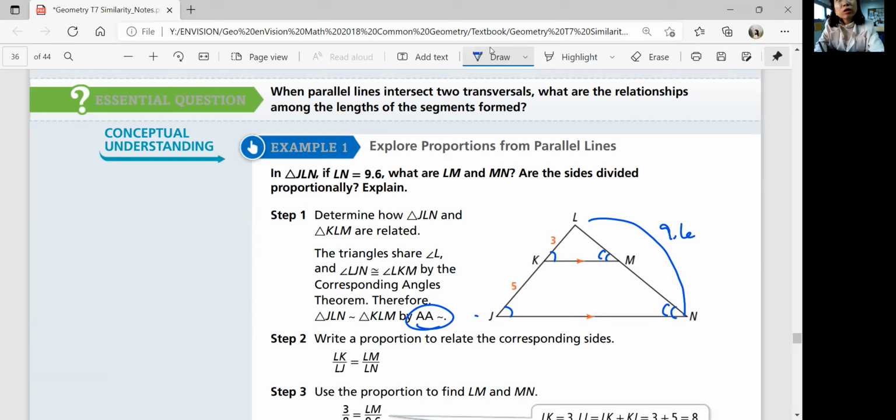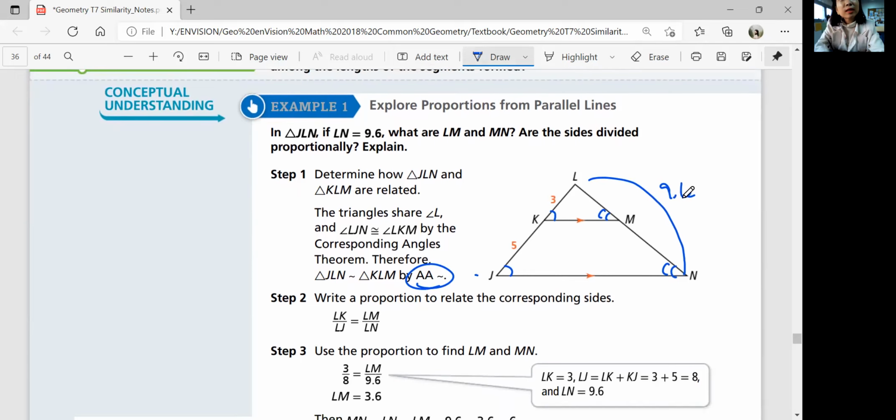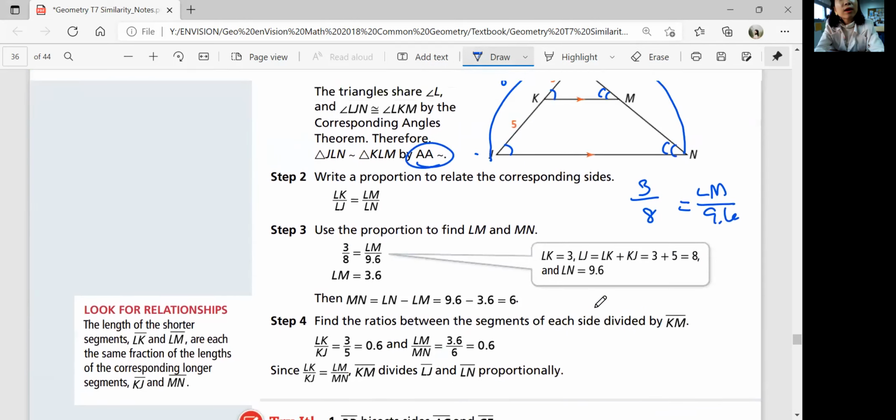So 3 to 8 would be proportional to LM to LN, right? LN is 9.6. LJ is going to be 8 if you add these. So 3 from the small triangle over 8 should be proportional to LM over 9.6. Then you figure out LM by solving the equation.